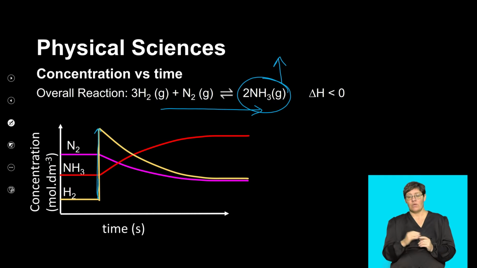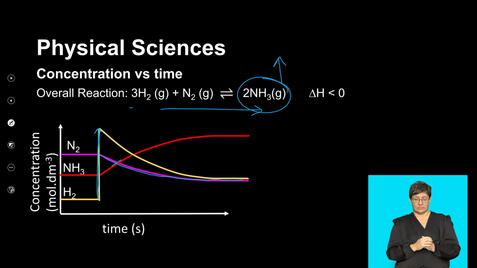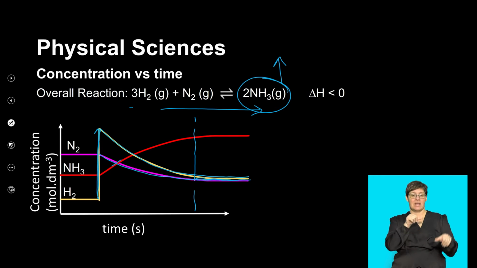So we have a vertical line up to show the disturbance, and we use a vertical line up for an increase in concentration. Then we see that the product is now increasing with a curved line, and the nitrogen gas that's now being used with the hydrogen to use the hydrogen gas up, the nitrogen will now decrease, and ultimately hydrogen will also decrease, and it will go into a new state where we have horizontal lines that are parallel, and that means that the concentration here is now constant.